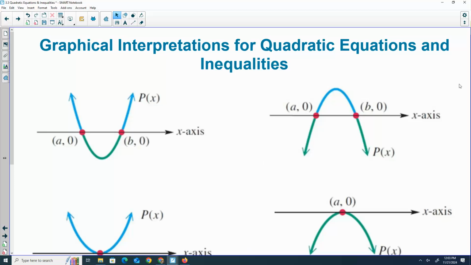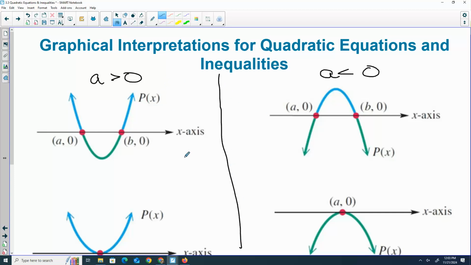We know that our quadratics can open up or down. What's that based off of? Right. So if it opens up, the a is positive. If it opens down, the a is negative, right? If you have a parabola, okay, it's possible that it hits the x-axis twice, that it has two x-intercepts.